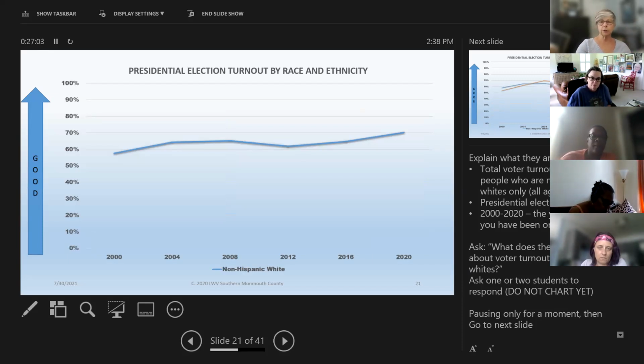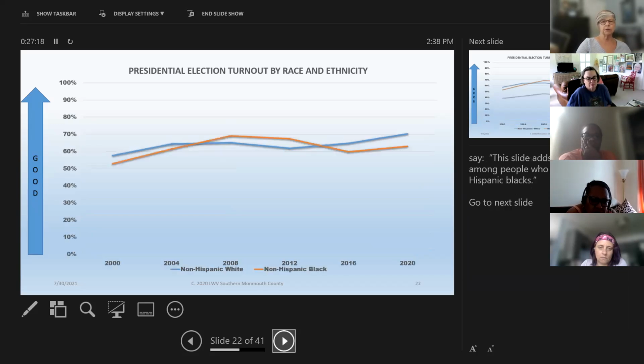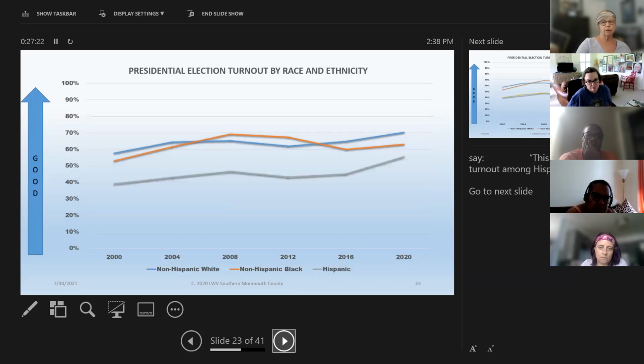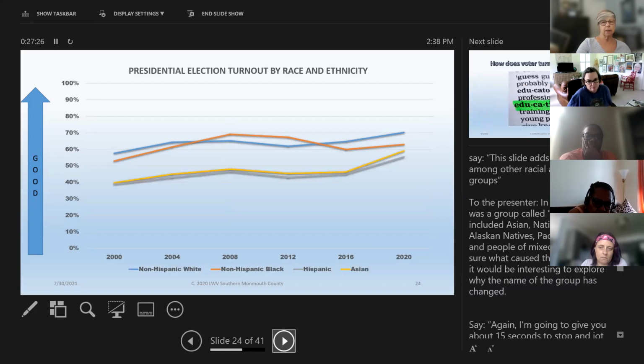Again, we're looking at 2000 to 2020. This is the non-Hispanic white category, and you're going to be comparing that to some of the other groups. This adds non-Hispanic Blacks. This adds Hispanic. And this adds Asian.